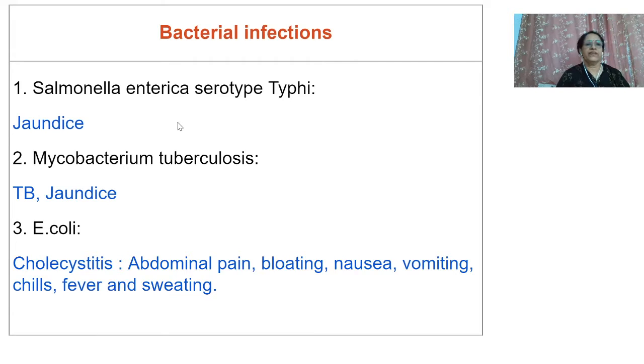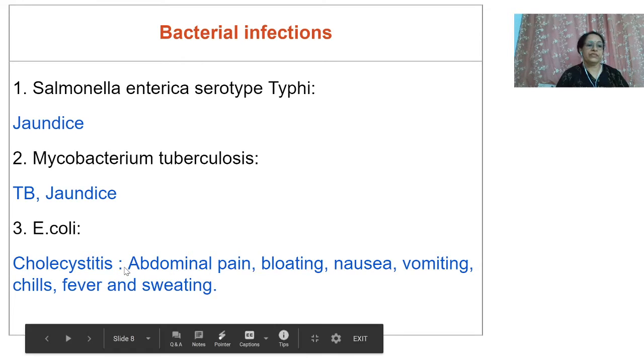Then the second bacterial infection of the liver is by Mycobacterium tuberculosis. When there is a generalized type of infection by Mycobacterium, at that time one can see symptoms of jaundice as specified above. Then E. coli. This causes cholecystitis.